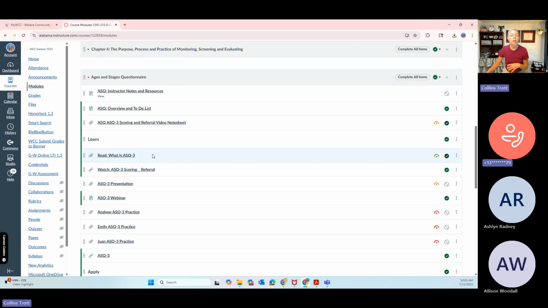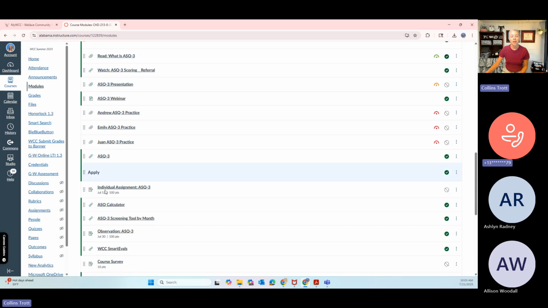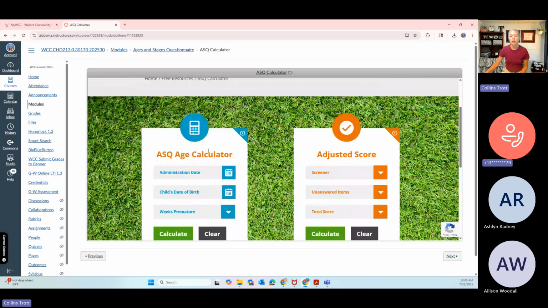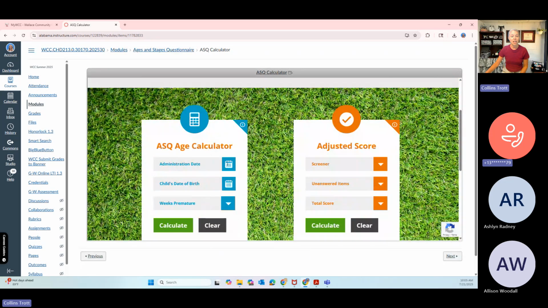So with ASQ, it is done by months. So we need to know exactly how old the child is for us to be able to have the correct screener to go along with it. So in my ages and stages, both in this one and the social emotional one, you're going to find a link that's called the ASQ calculator. And here's where you're going to put the date you're giving the test.